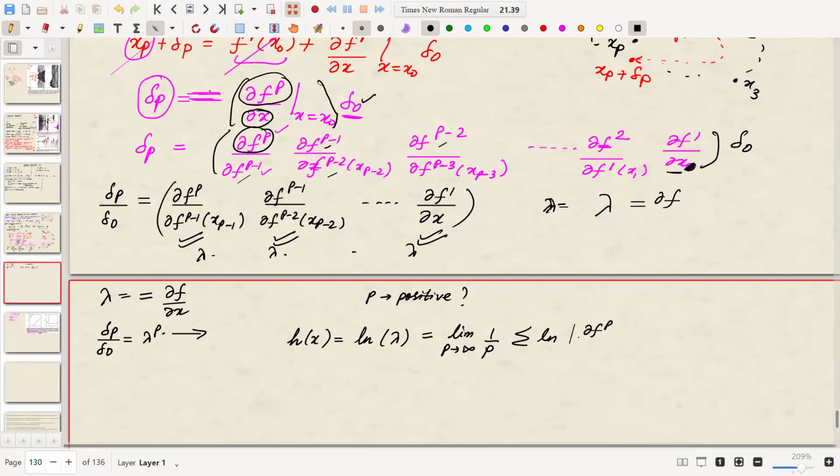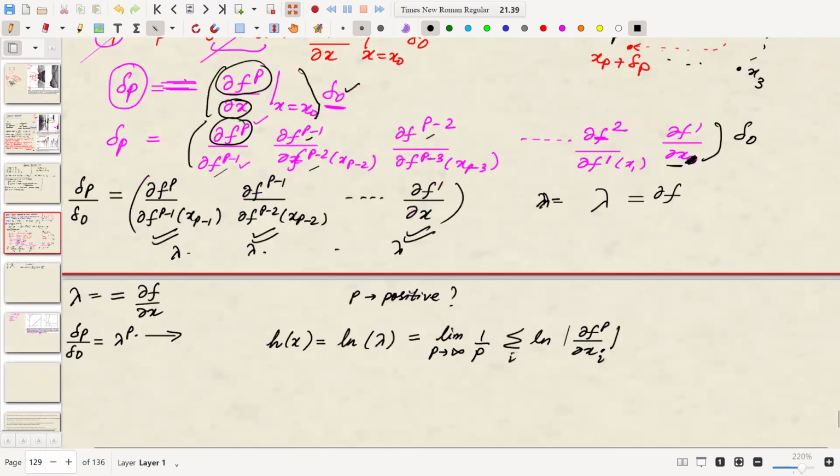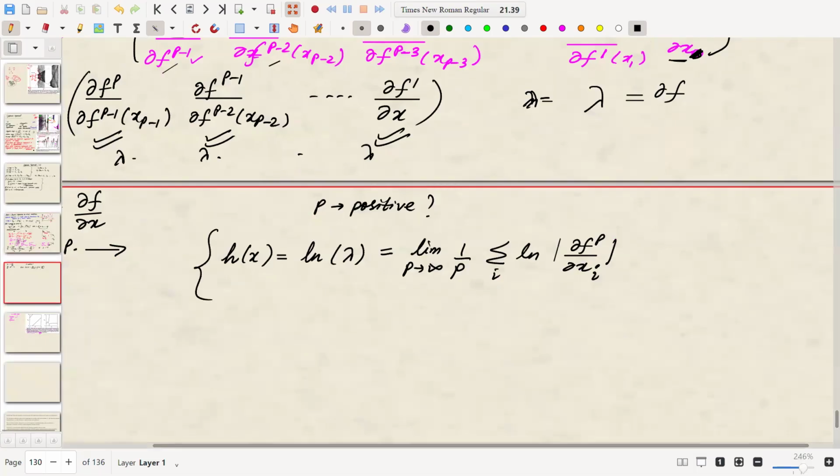It is a bit complicated, but don't worry, it will boil down. I think I for each xi. So this guy is something more important to you, and we'll see how this guy is helping us. This h of x, ln of lambda.